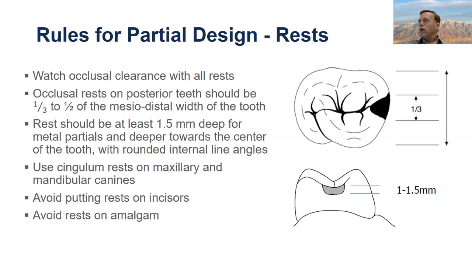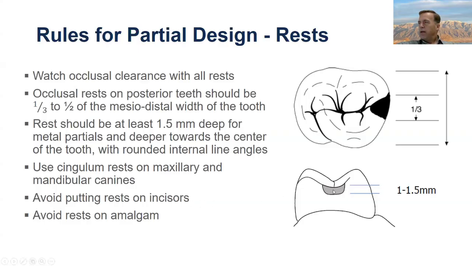So we want to make sure we have enough occlusal clearance for our rest. In other words, we want to make sure that we can get enough material in there so that the rest will be strong, because the point of the rest is to absorb occlusal force. So you're putting a pretty fair amount of force on a small area.